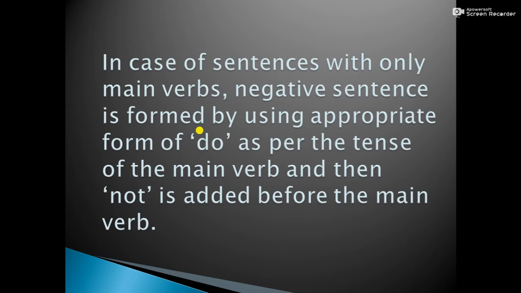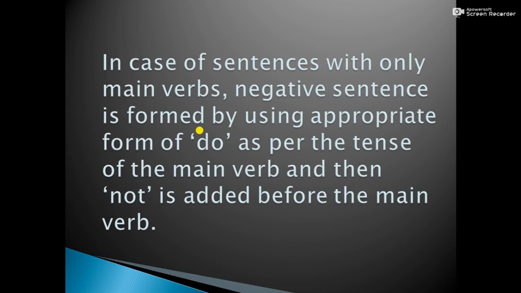Friends, we saw how to change positive sentences with helping verbs into negative sentences. But if there are no helping verbs and only main verbs, what to do? In case of sentences with only main verbs, a negative sentence is formed by using the appropriate form of do as per the tense of the main verb, and then not is added before the main verb.